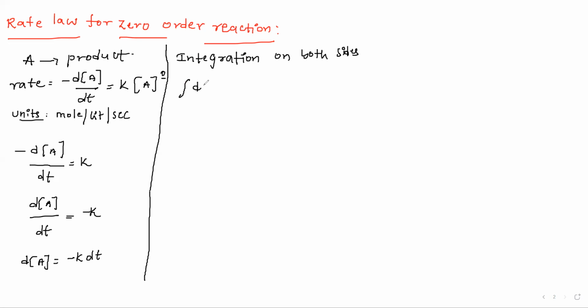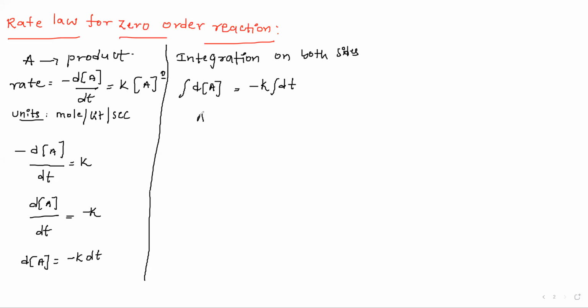Integration of d[A] is equal to minus K times integration of dt. K is a constant, so it has no integration. We are doing integration on both sides.